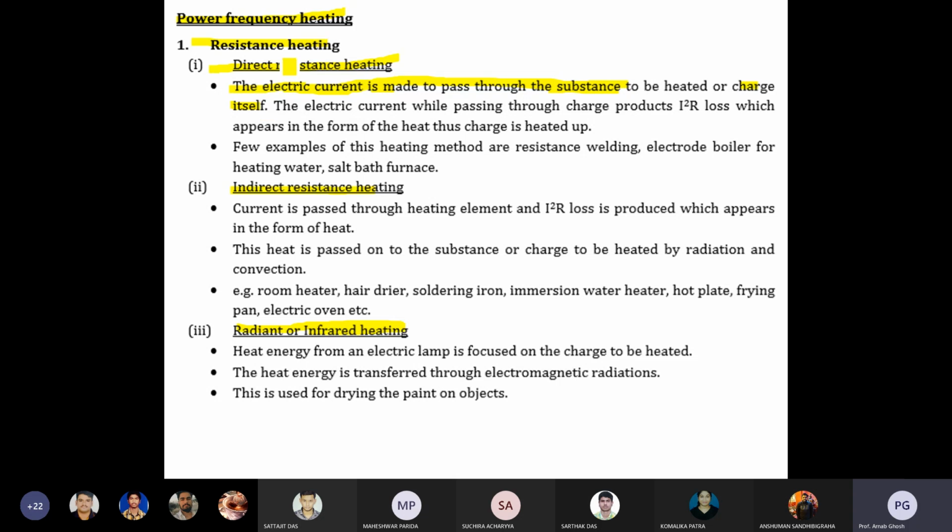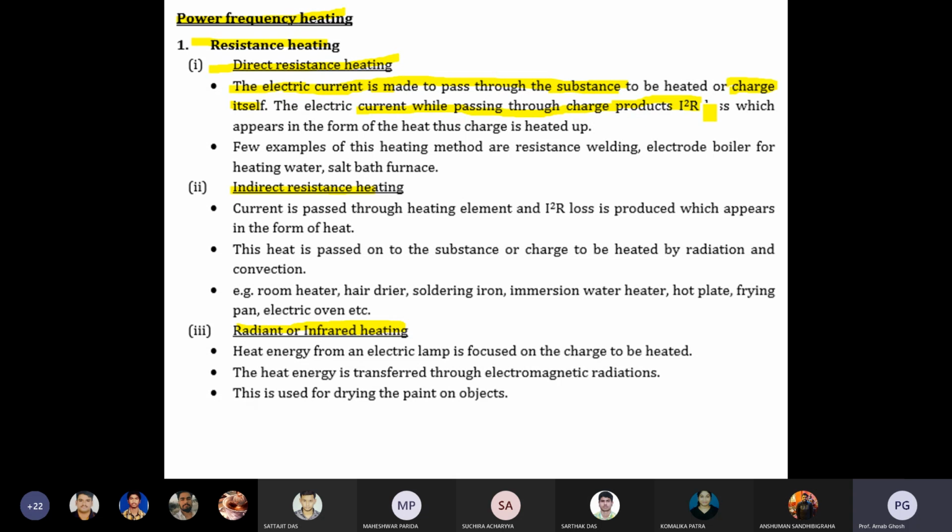The charge means the material that is going to be heated, and it heats directly. The electric current passing through the charge produces I squared R loss.